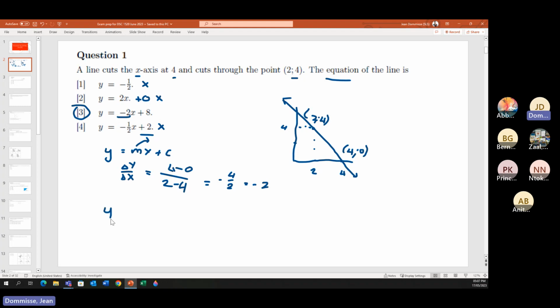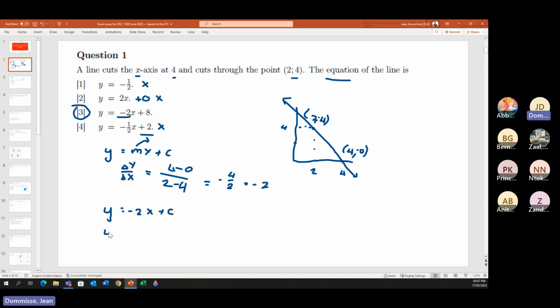When I have the slope as minus 2, I put it into the formula. I can use either of those 2 points to put back into the formula to calculate C. Let's use (2, 4) because that's what they gave us.